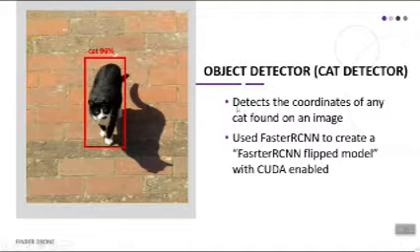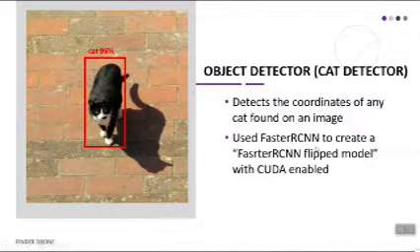So the first component is the object detector. This detects the coordinates of any cat found in an image. So in this case, it would give us the coordinates of this rectangle, this box, of where any cat is found with a certain probability.